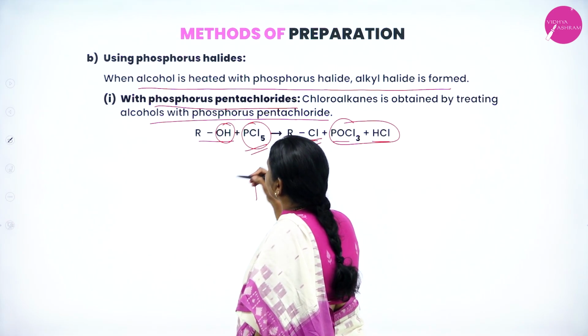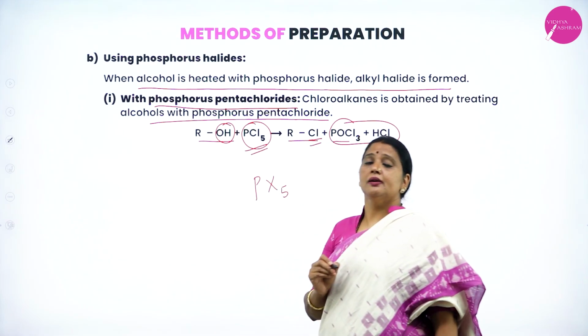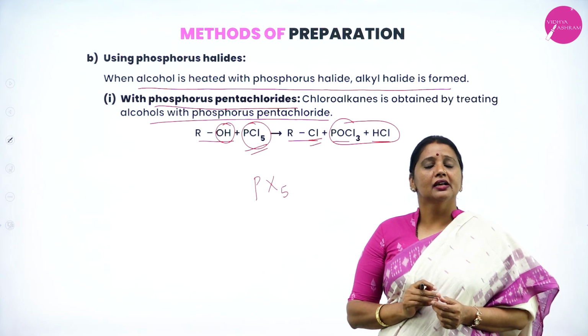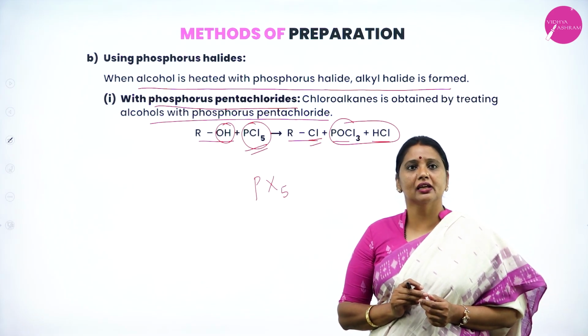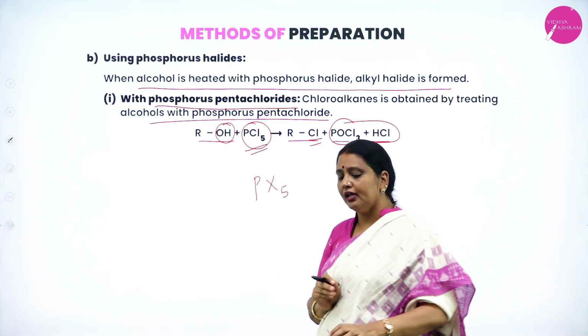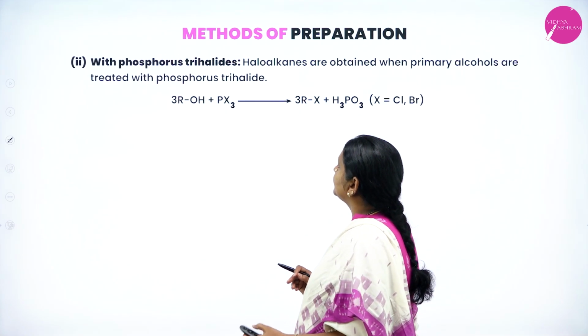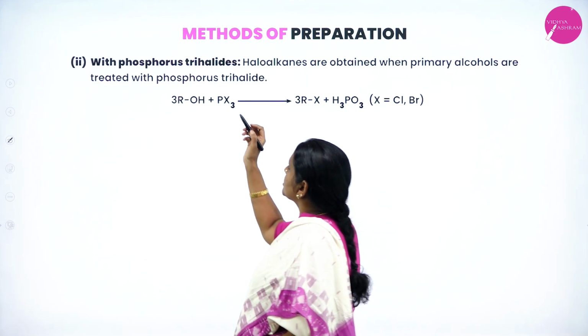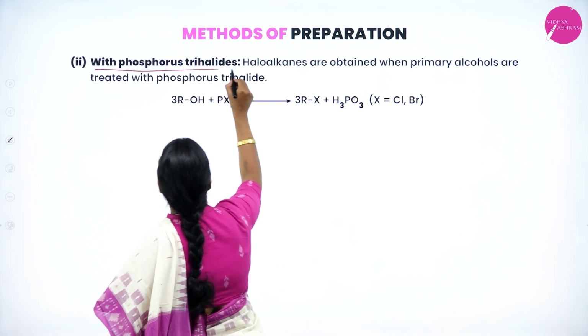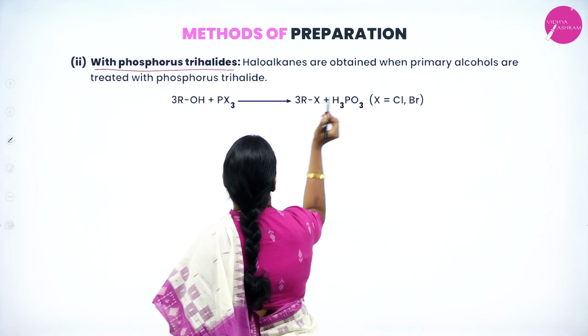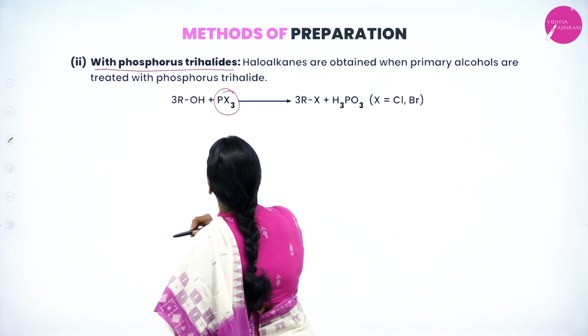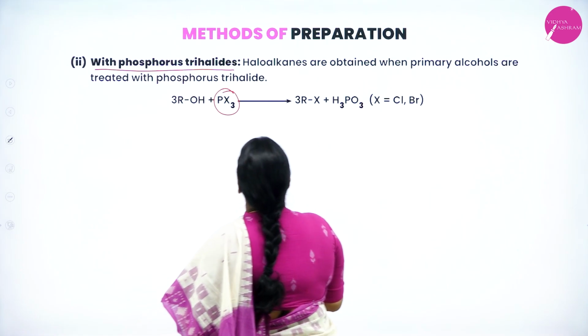Here I am not going to write an example for every reaction because I already explained that in place of R, you put an alkyl group, either methyl or ethyl. Next, by using phosphorus trihalide. What's the general formula of phosphorus trihalide? PX3.